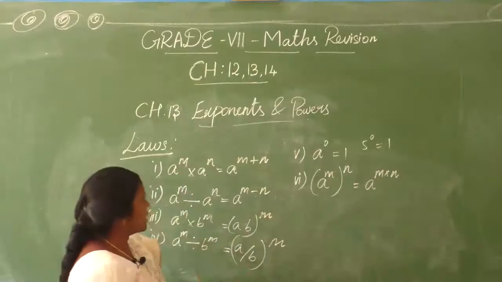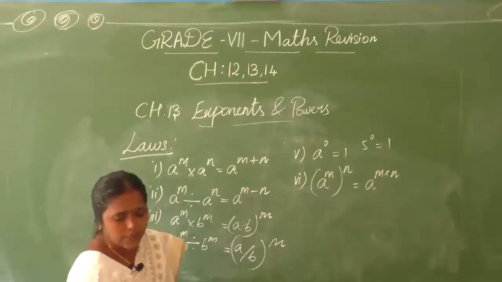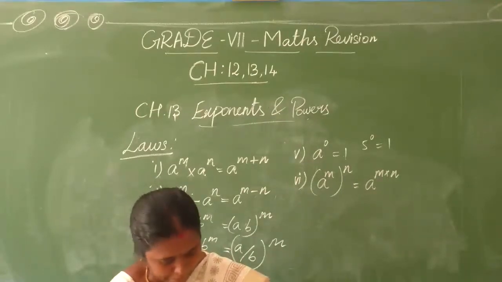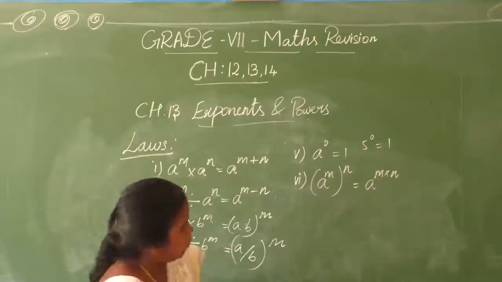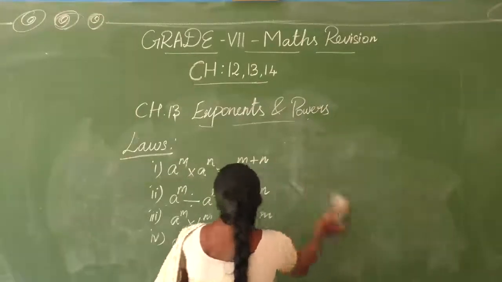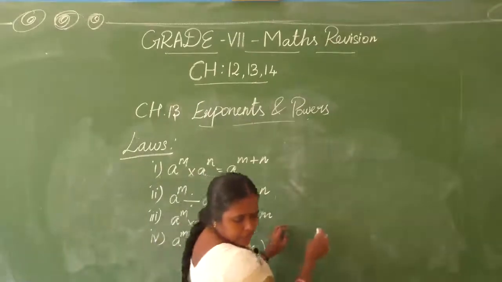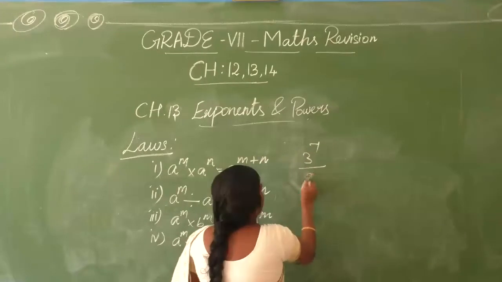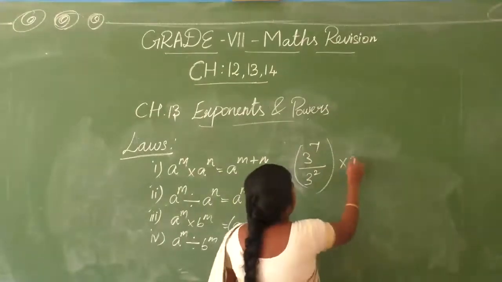So, using these laws only, we are going to simplify the next exponential forms, whichever given in the next exercise. See, simplify and write the answer in exponential form. 3 power 7 divided by 3 square into 3 power 5.